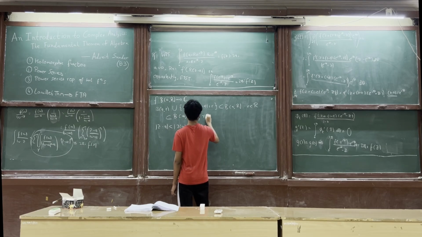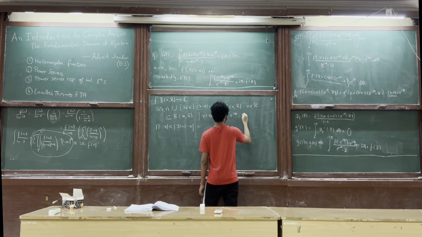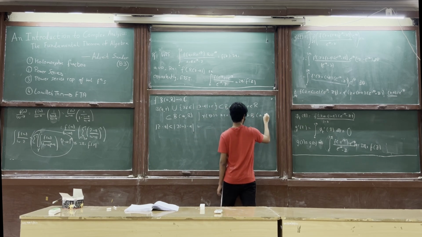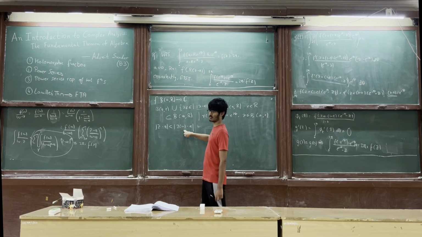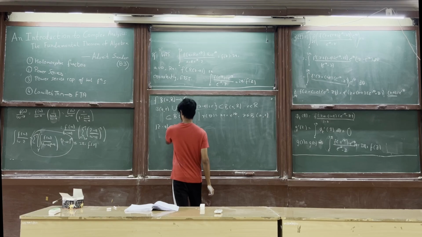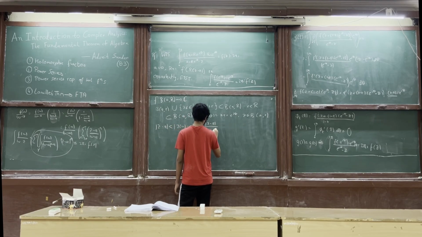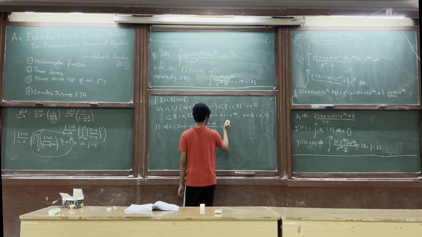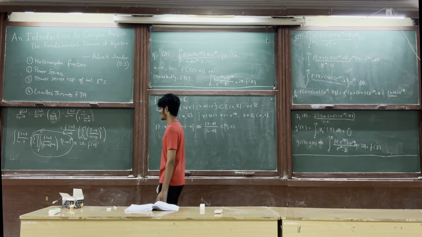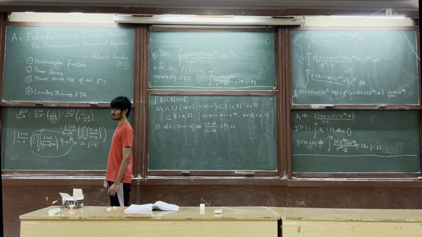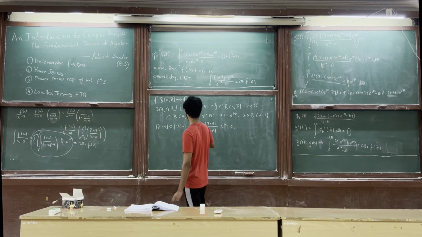Because if you take gamma theta to be a plus r e power i theta and z to belong to the ball of radius small r around a, this will always be less than this because this is exactly r, right? So you obviously have this. So you then automatically get that this converges, right? So now we can make this equality and then we are done.